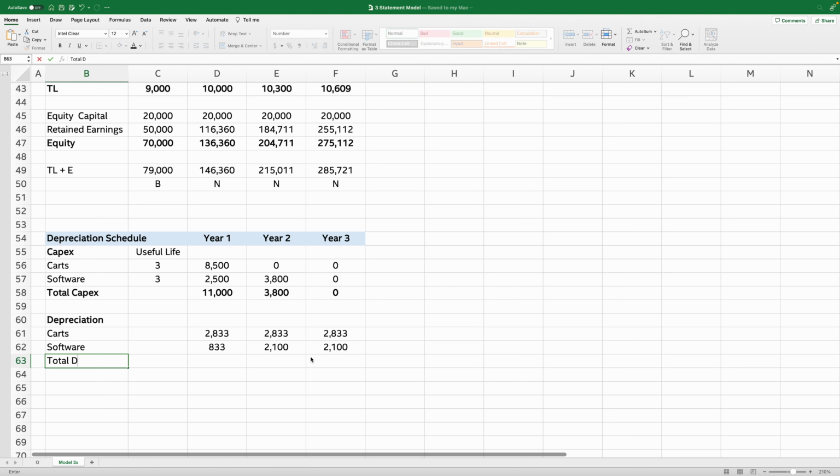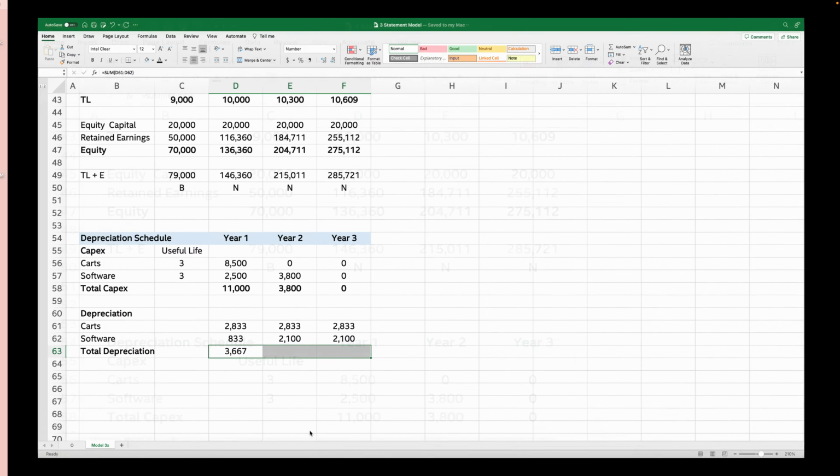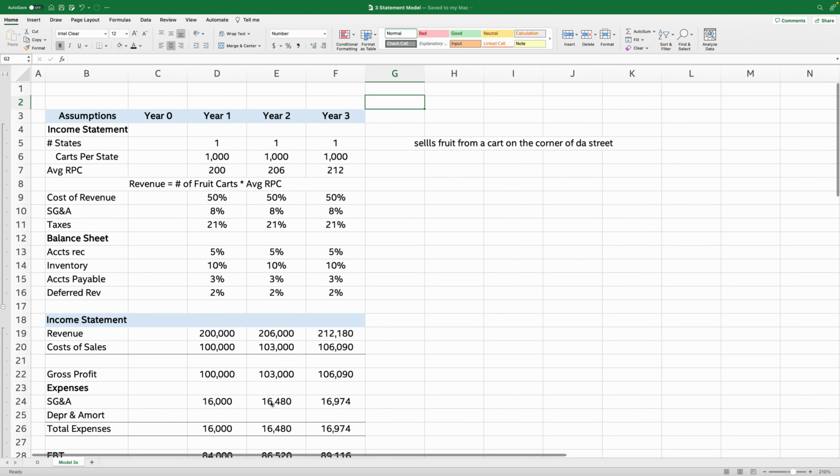And then we have total depreciation. Sum those. That's an accident. Wrong button. All right, sum those. So now we have everything.